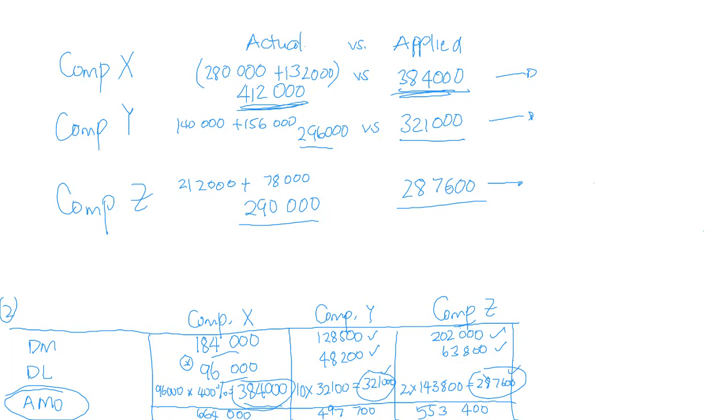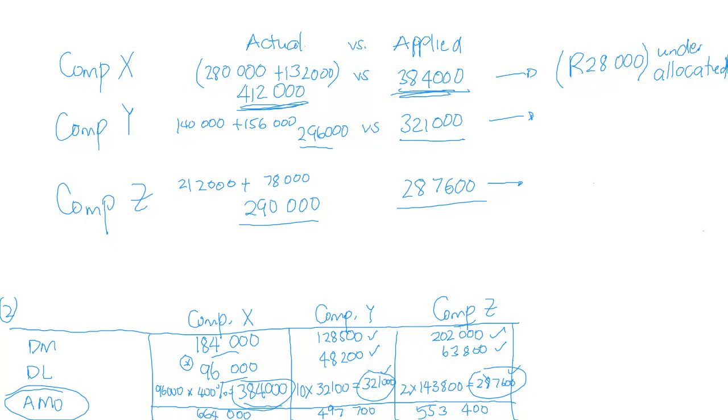So we had under allocated. So when it's under allocated, it would be stated within brackets. So this is a negative 28,000 Rand. You'll work out the difference between the two figures. A negative 28,000 Rand, and it will be under allocated. So you must answer it exactly as you see up here. Show the actual, show the allocated or applied, and then work out the difference and state whether it's under or over allocated.